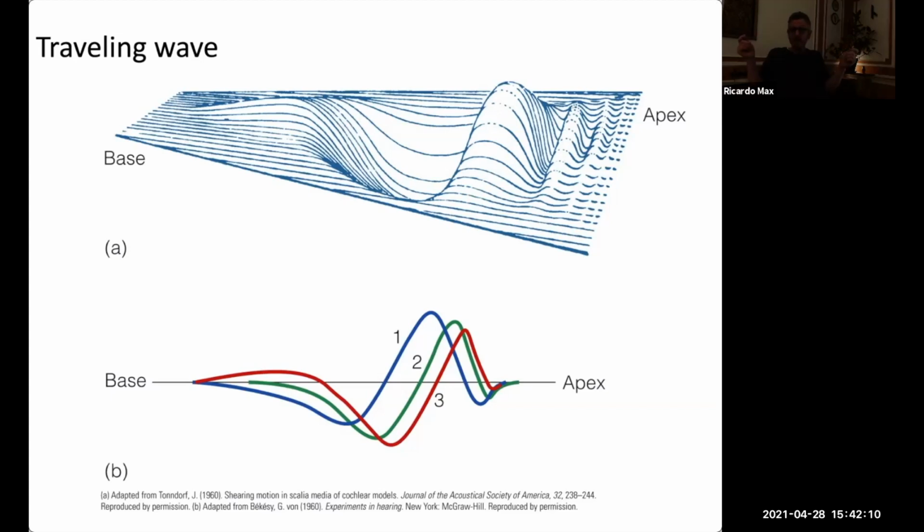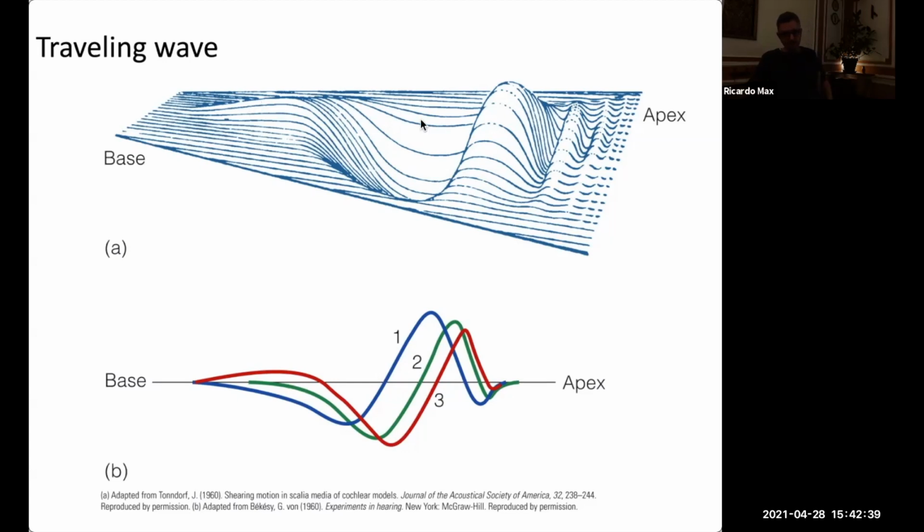And the sound will go accordingly. It will be a higher pitch. I'm giving this example just to show why different physical properties of the tissue react differently in terms of vibration to different frequencies.